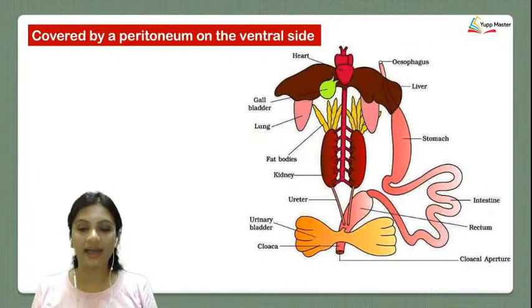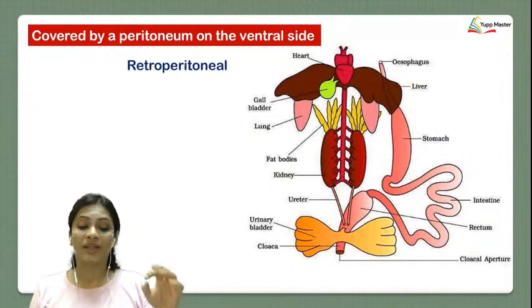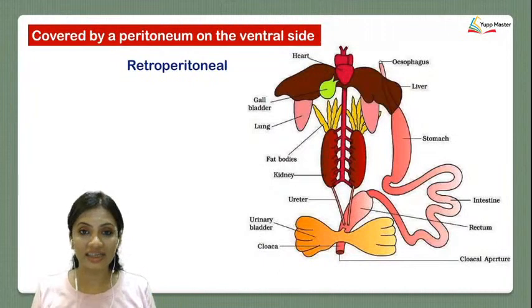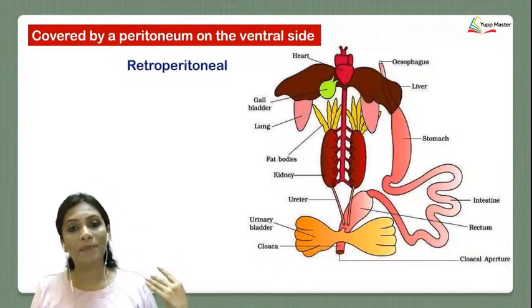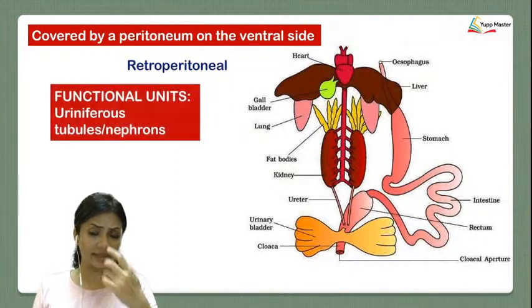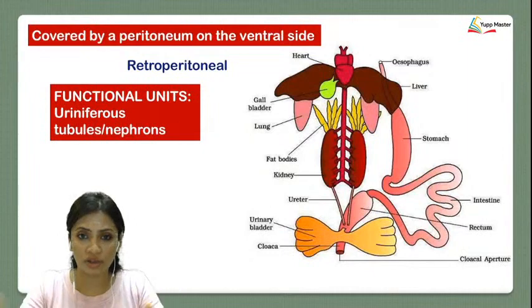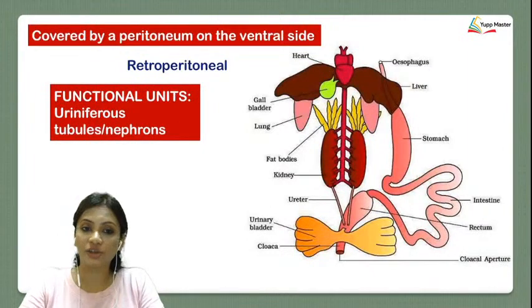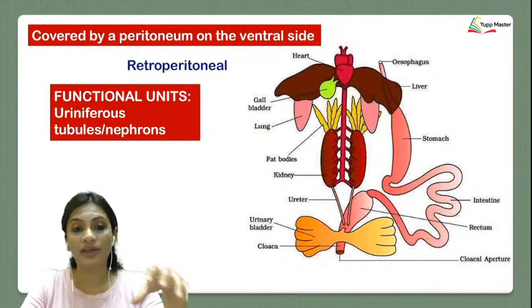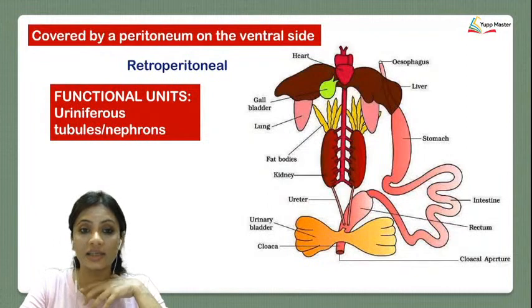That's why it said that the kidneys are covered by peritoneum only on the ventral side. Okay, that's why we can say that these kidneys are retroperitoneal, behind the peritoneum. Okay, next we also see kidneys have got the basic structural and functional unit which is going to help it prepare urine, and that unit is called as the uriniferous tubules, or we may also call those units as the nephrons.